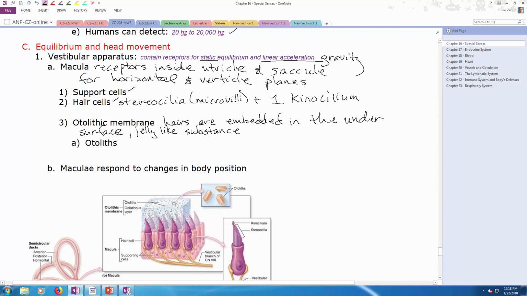So this jello material is overlying our hair cells, and it has embedded in it these calcium stones, which are there for weight. They add weight to this otolithic membrane. They make it heavier, and in doing so, this will increase inertia or drag.